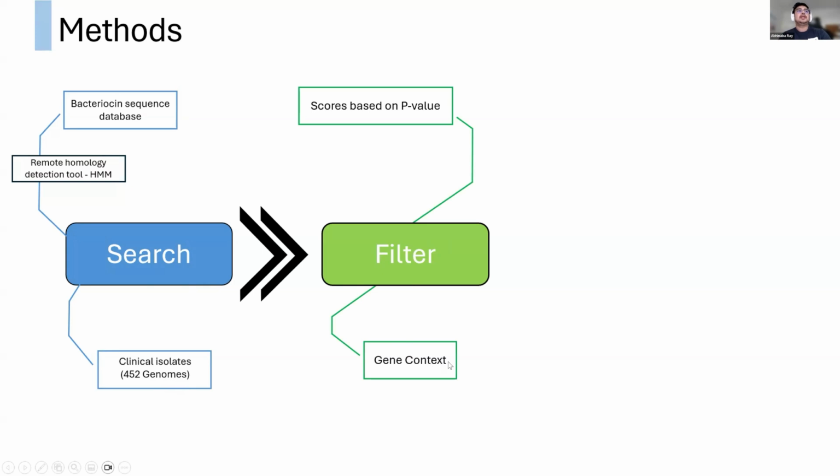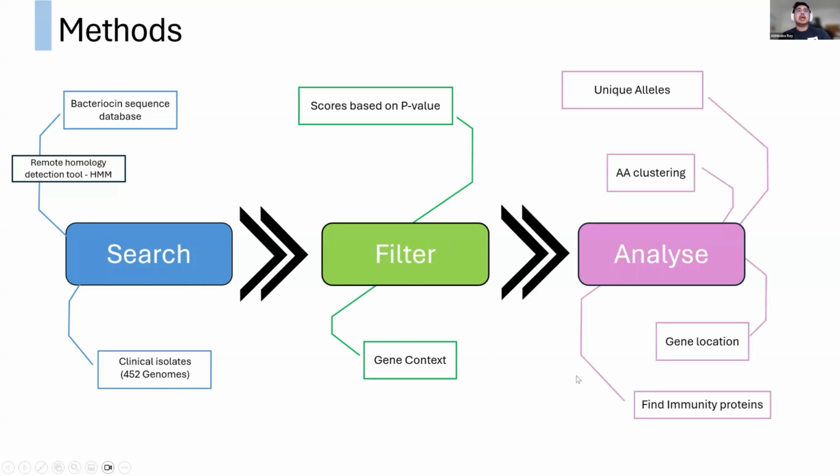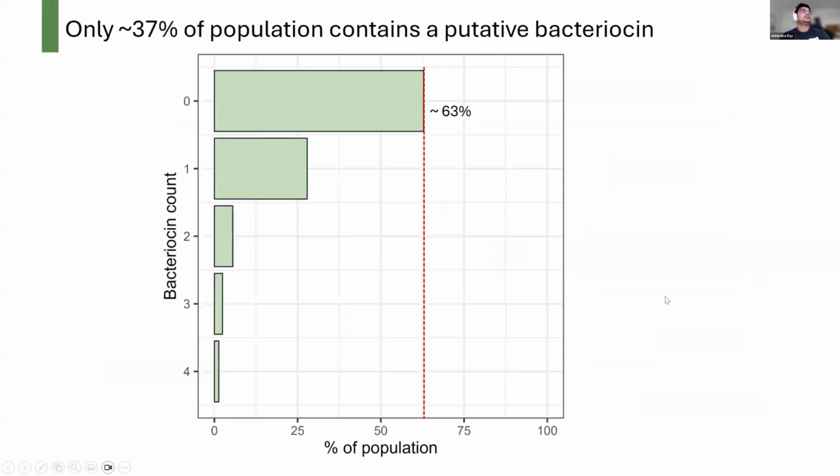We also applied a gene context-based filtering to keep only the bacteriocins that contain an immunity protein or a secretion pathway. Currently we are looking at the amino acid sequence variation in the bacteriocins, to see how similar or dissimilar they are, looking at the gene location, whether they're on plasmid or chromosome, and finding the immunity proteins associated with them.